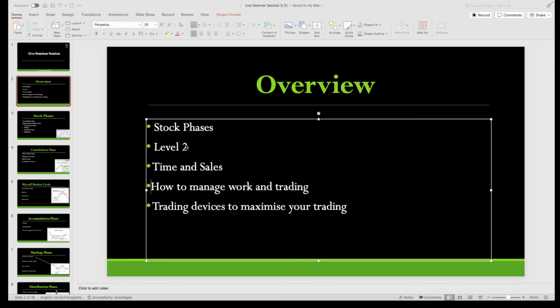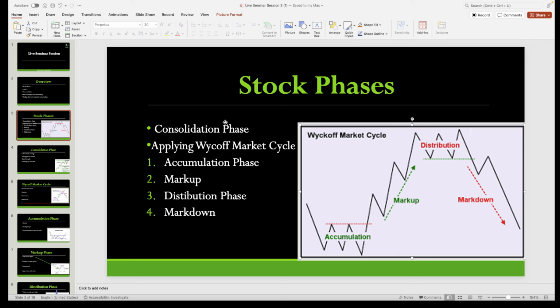So these are the different phases you have. So you have accumulation phase. So if you guys can see this clearly, let's just make this a bit bigger. So you got this phase here, right? This is a part of Wyckoff's market cycle. I highly recommend you research him. He's very well known in the establishment. But you got your accumulation phase, you got your markup phase, you got your distribution phase, and you got your markdown phase, right?